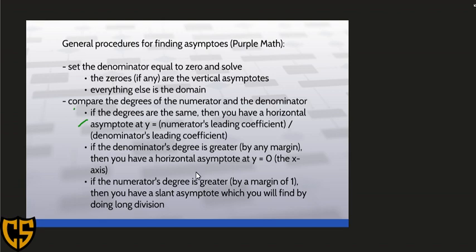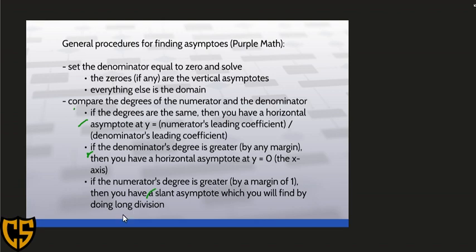For the second condition, if the denominator's degree is greater by any margin, you have the horizontal asymptote at y equals 0, that means at the x-axis.